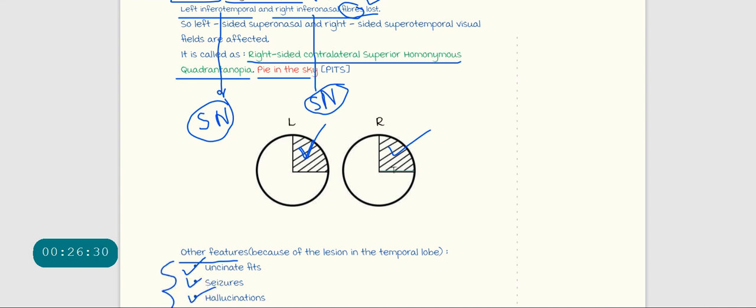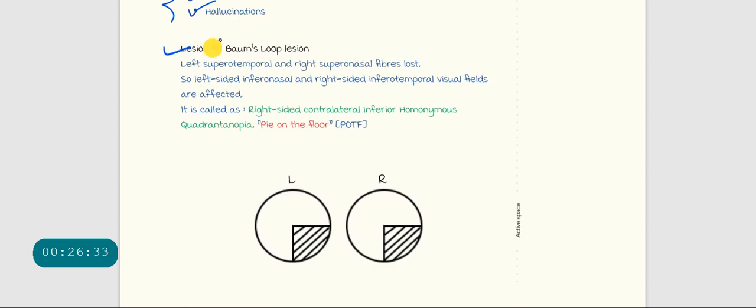If the left superior temporal fibers are lost, then the left inferior nasal vision would be lost. And if the right superior nasal fibers are lost, then the right inferior temporal vision would be lost.